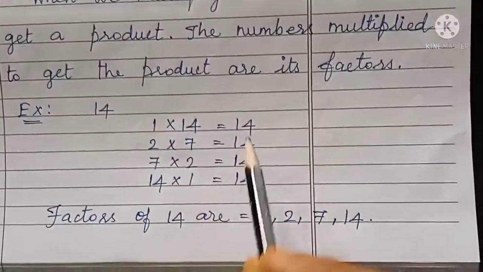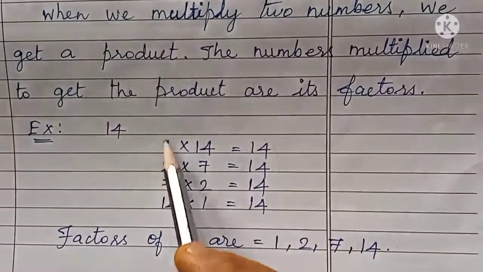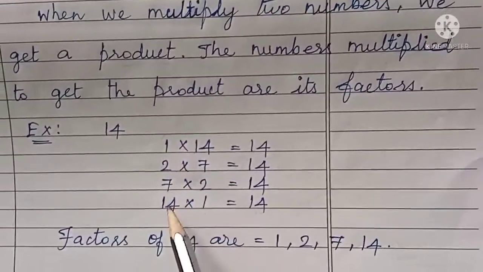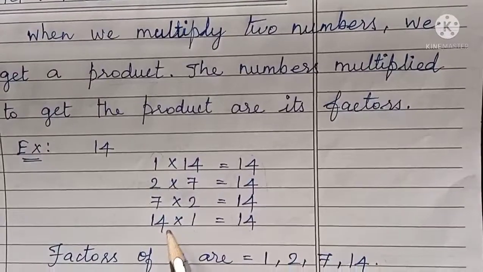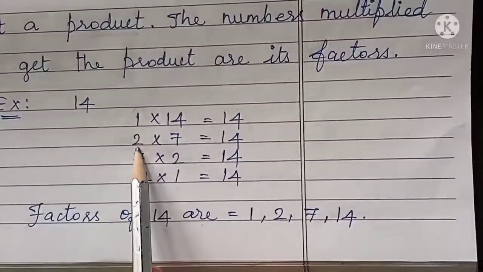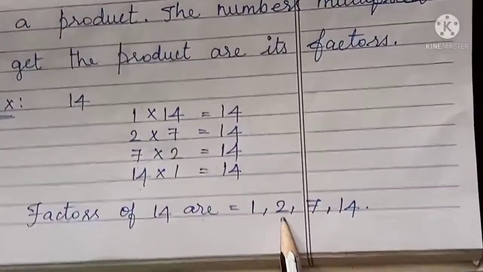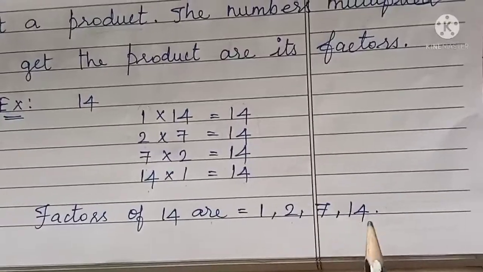Understood, dear children? These are the products, and these are the factors. So the factors of 14 are 1, 2, 7 and 14.